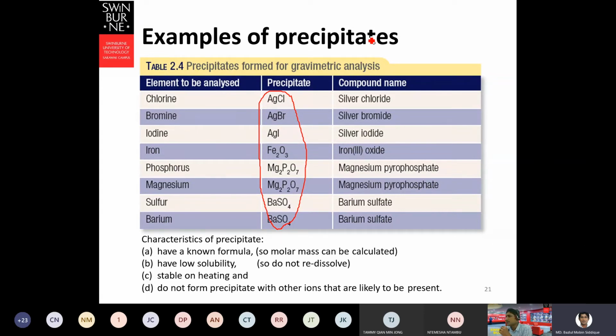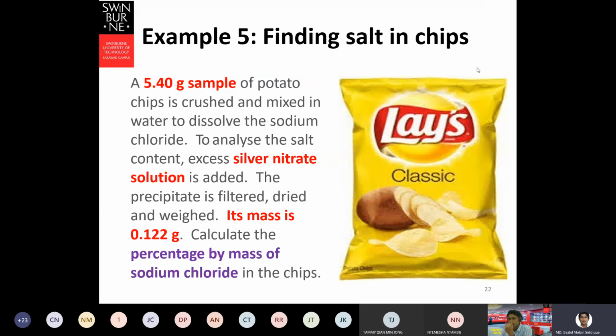Another example of gravimetric analysis: we use it to find out the salt in chips, like Lay's potato chips, because they use a lot of salt, and salt is quite an issue for health.